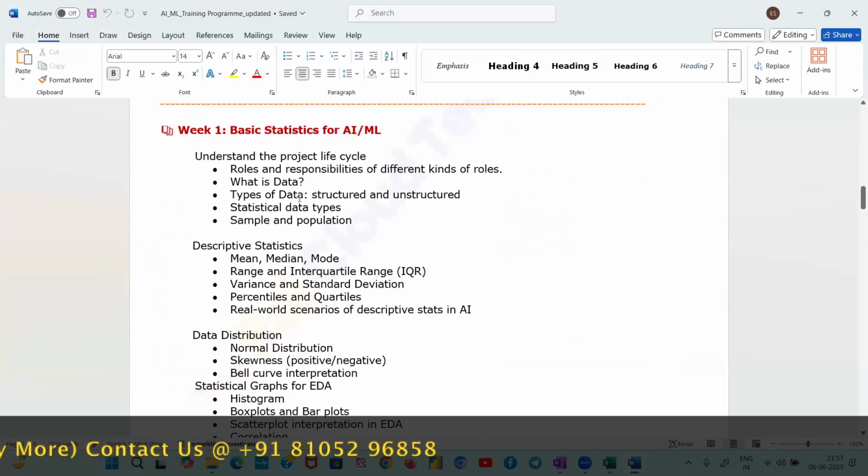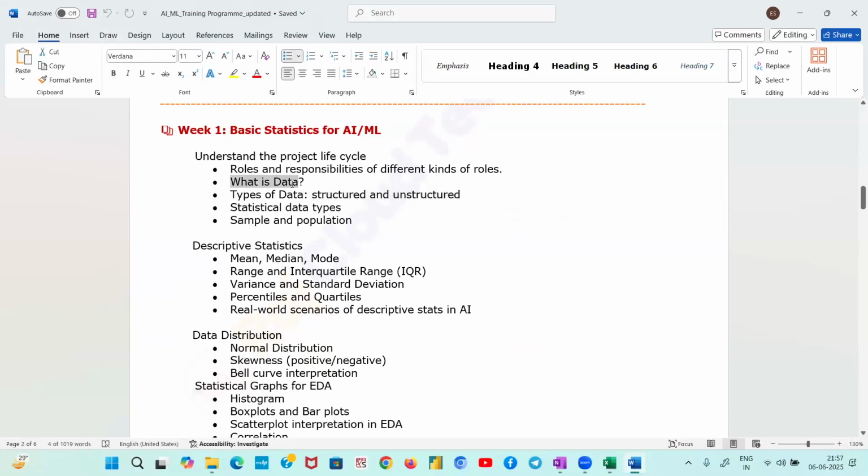We are talking about structured and unstructured data, statistical data types. I directly entered into the mean and median discussions, but I missed out on sample and population. Let's make it clear first, and then after that I'll come back to variance and standard deviation.